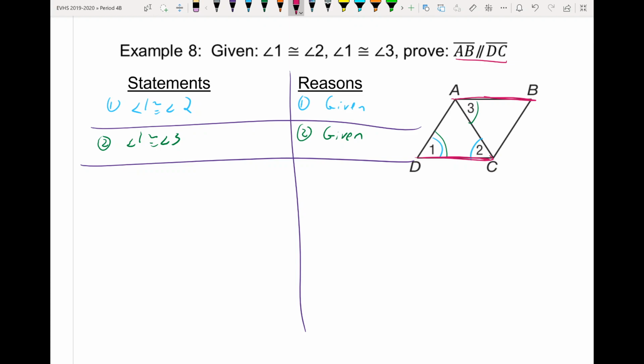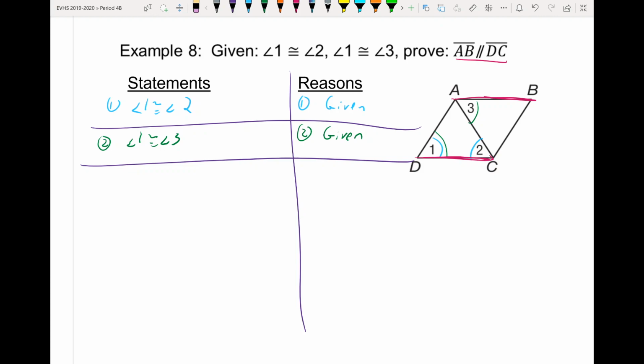Oh, okay. So I don't like the way you said that. You said angle 2 is congruent to 3 because of the alternate interior angles theorem. The alternate interior angles theorem starts with things being parallel. I am not given this is parallel, so I can't use that to show that 2 is congruent to 3. Right, because I'm using the converse to get them parallel.